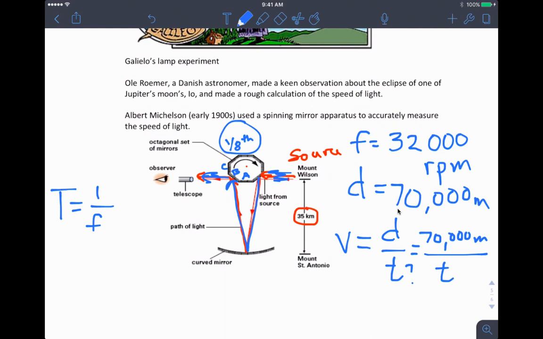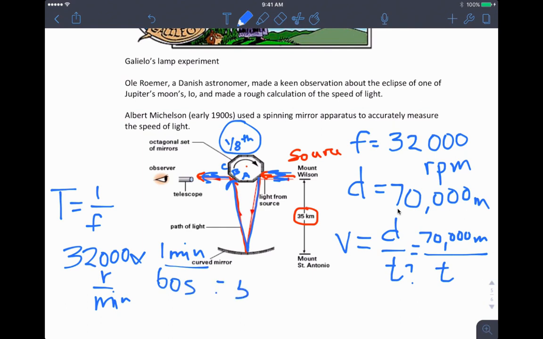So let's take that 32,000 rotations per minute, and we're going to times it by 1 minute over 60 seconds. Basically, we're going to divide it by 60 seconds.